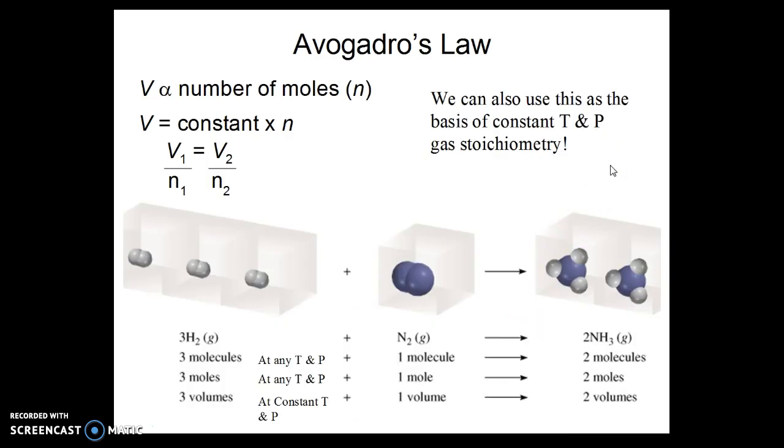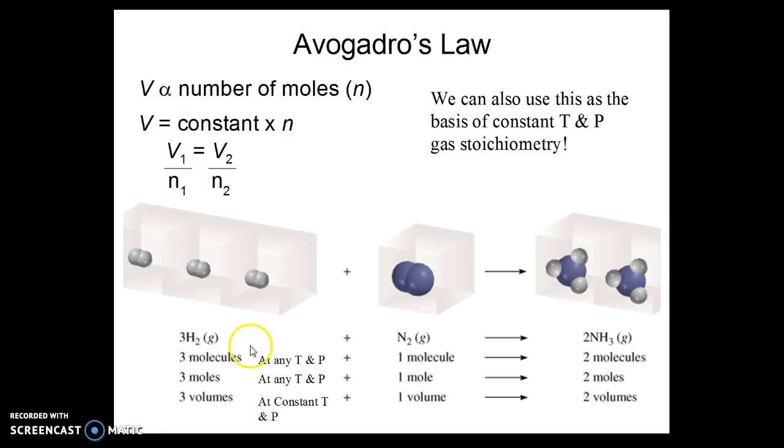We can also use Avogadro's law as the basis of what we call constant temperature and pressure gas stoichiometry, which is probably the easiest kind of stoichiometry problem to solve. For instance, we know that equal volumes contain equal numbers of molecules at constant T and P, so the equation 3 moles of, or molecules of hydrogen reacts with 1 molecule of nitrogen to form 2 molecules of ammonia could also be said 3 moles react with 1 mole to form 2 moles of ammonia.